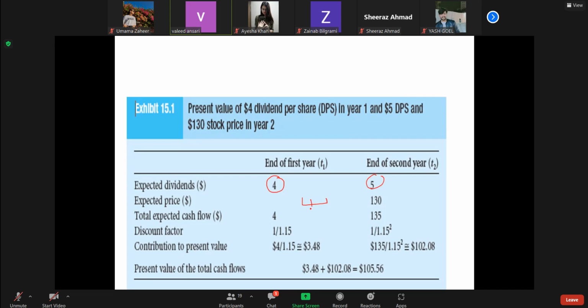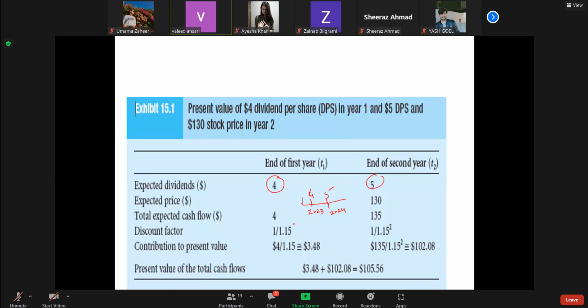So this is year 1, let us say 4 rupees in 2023. Then next year, 2024, you will receive 5 rupees. Now, if you want to find the present value of this, then considering the time value of money, we have to discount it.